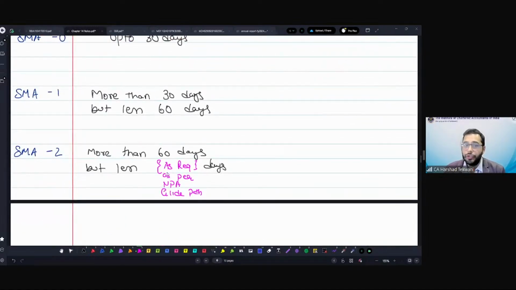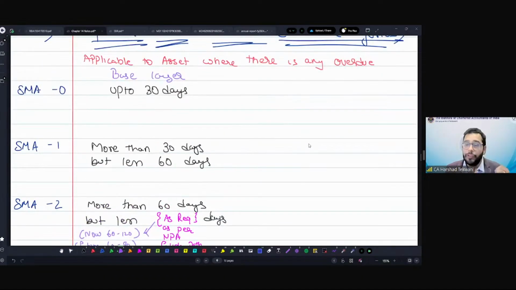Now it is 60 to 120, but in future it will become 60 to 90. It means as required as per the NPA glide path. This was for the base layer.